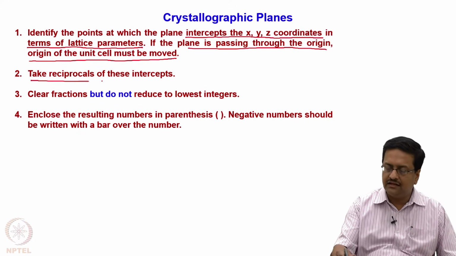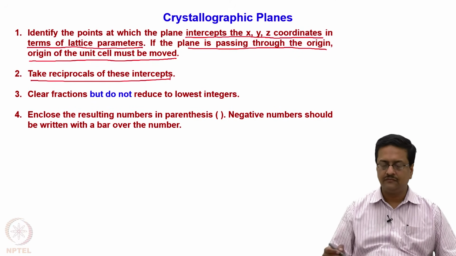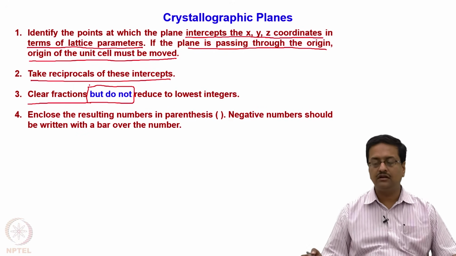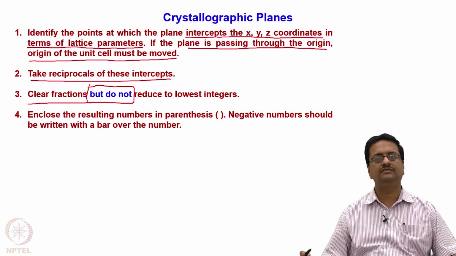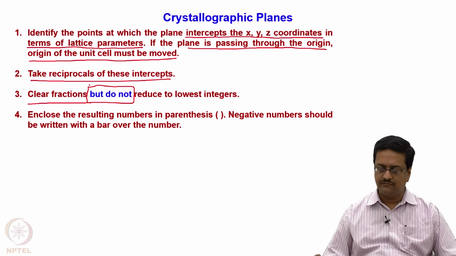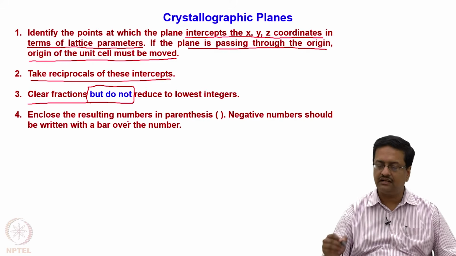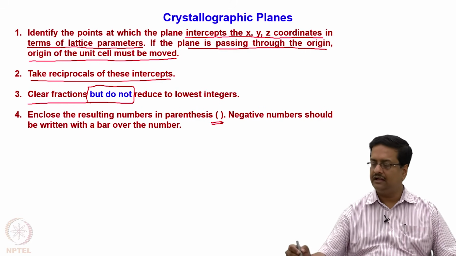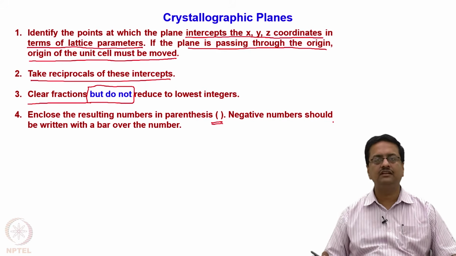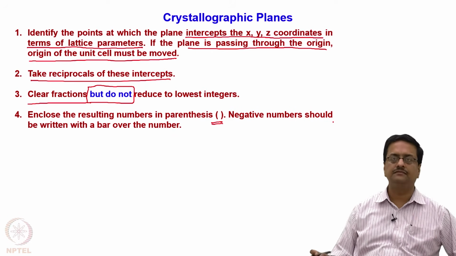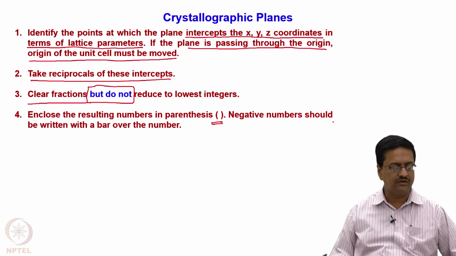Then one should take the reciprocal of these intercepts, clear the fractions, but do not reduce to lowest integer, which is different from what we saw in case of directions, and then enclose the resulting numbers in first brackets, and negative numbers as usual should be written with a bar. So let us see the case of a few examples.